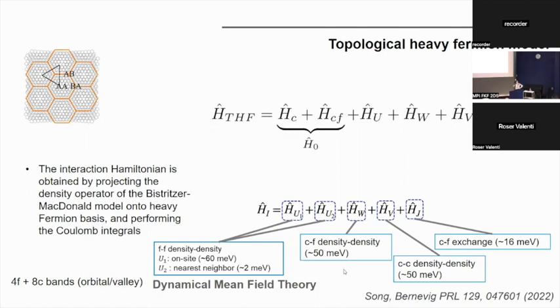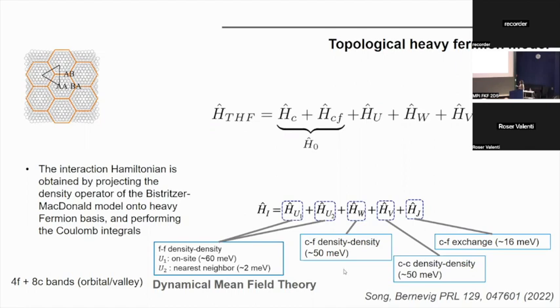One has to make a selection of which interactions to treat at the level of mean field, and which interactions you can go beyond that and include even dynamical correlations. And this is what we are doing. This is the way you have to decide, in order not to harm the system, how far you can go in your approximation.